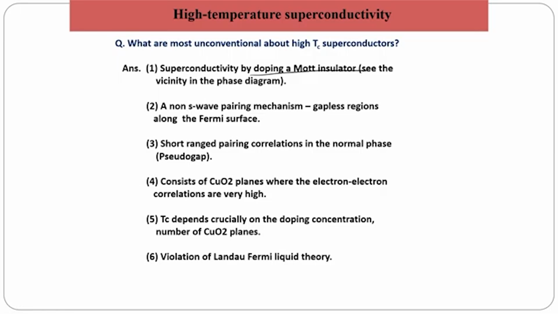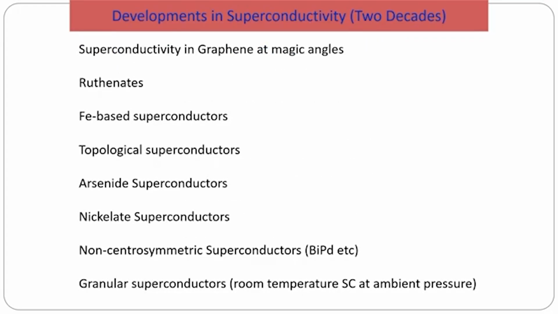It shows a violation of Landau's Fermi liquid theory. So, the developments of the last 2 decades are superconductivity in graphene at magic angles, ruthenates, iron based superconductors, topological superconductors, arsenides, nickelate superconductors. There are non-centrosymmetric superconductors such as BiPd, etc., granular superconductors, and so on.